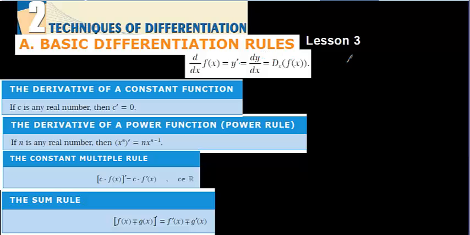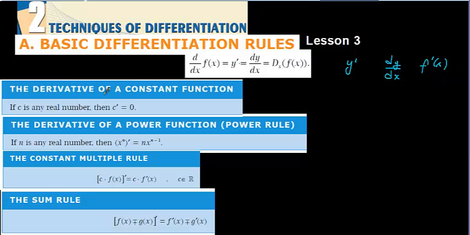So generally we are going to use this notation, or dy over dx, we are going to use this notation also, or f derivative x, we can use this one also, and these are the derivative of the function. This one is not written, but we may use this one also.